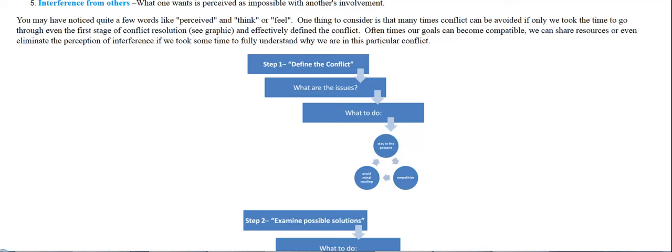Avoid mind reading. This is something I have a hard time with because I like to understand every aspect of a situation. So I might project what I think a person is feeling onto what they're saying. So I don't actually know exactly what they're thinking, but I try to imagine what they are feeling and what they're thinking. And I have to be careful not to make that concrete.